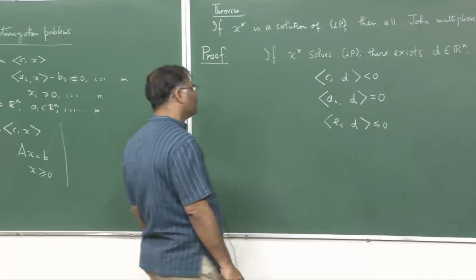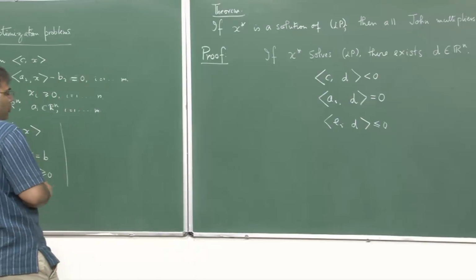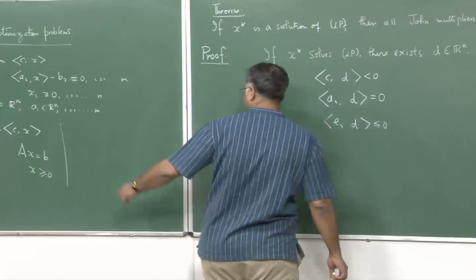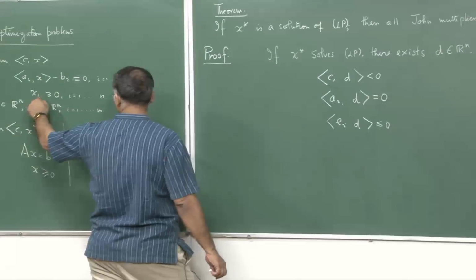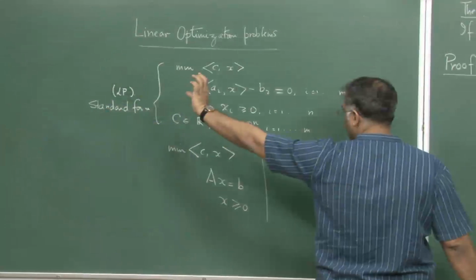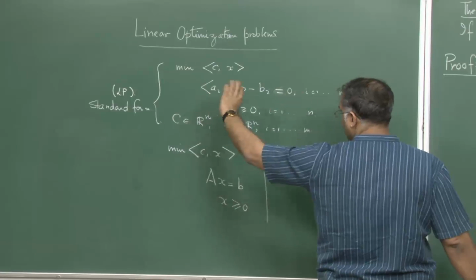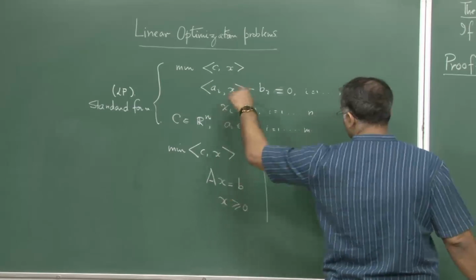This is what I am going to prove, where e_i is basically, if you write all these x_i's, each x_i as a function of x1, x2, ..., xn, then you can take the gradient of that, and that will be 1 0 0 0 0. So, that is e1.